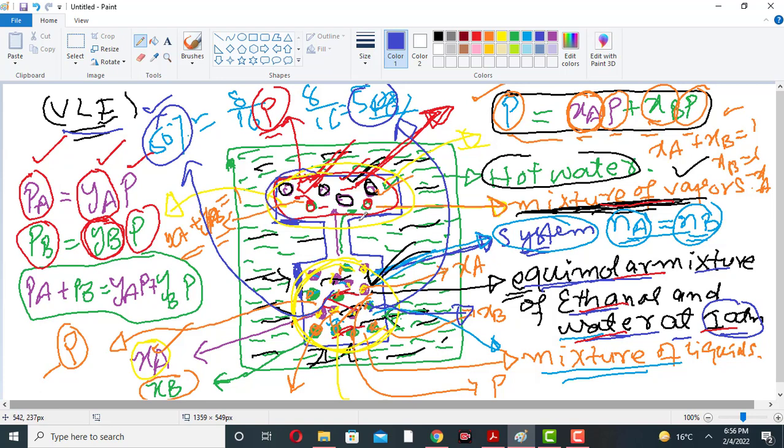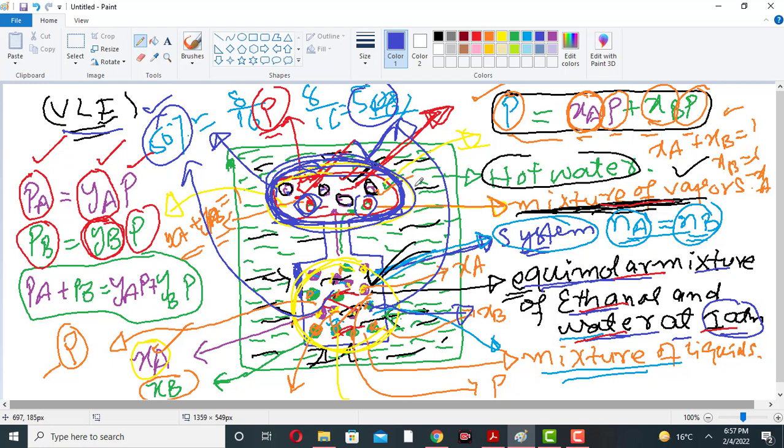But if we look at this region, there are 1, 2, 3, 4 molecules of ethanol present in the vapor, but there are only 2 molecules of water vapor present in this space above. So in the vapor mixture, the mole fraction of ethanol will not be equal to the mole fraction of water vapor.